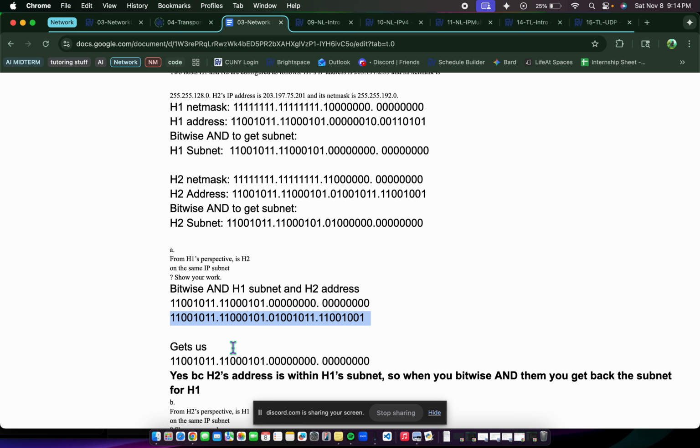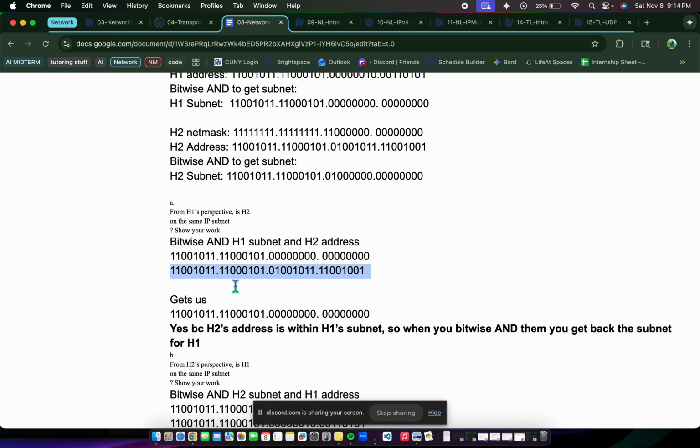And you do bitwise AND, and the question is, do I get back the subnet? Yes, I do. And because I get back that subnet, I know that indeed H2's address is within H1's subnet.